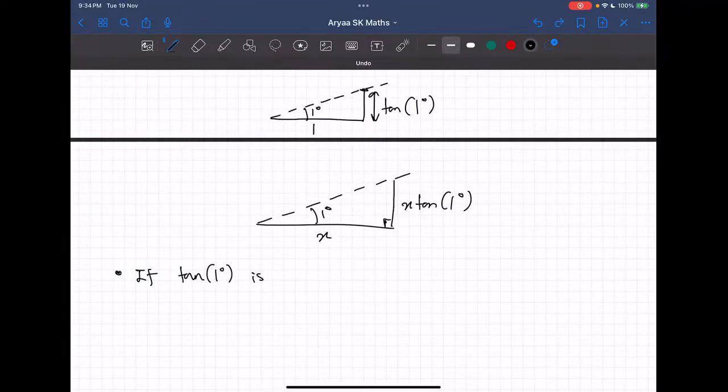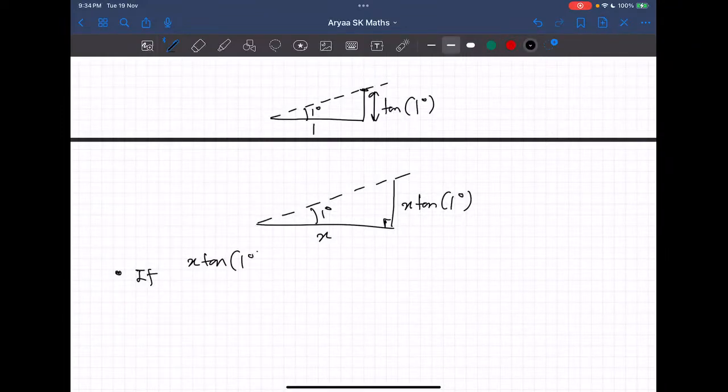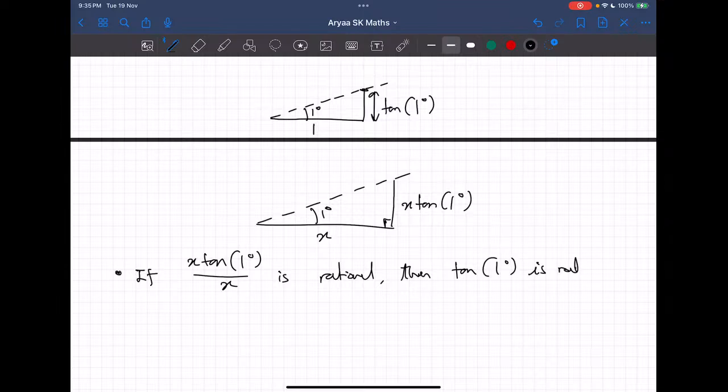If x over tan of 1 degree over x is rational, then, oh no, I've actually said absolutely nothing, because this just simplifies to tan of 1 degree. Okay, maybe we need another approach to this question.